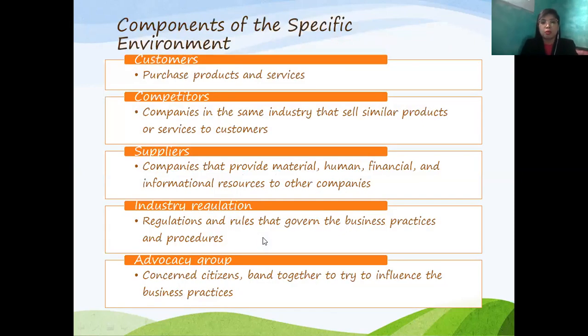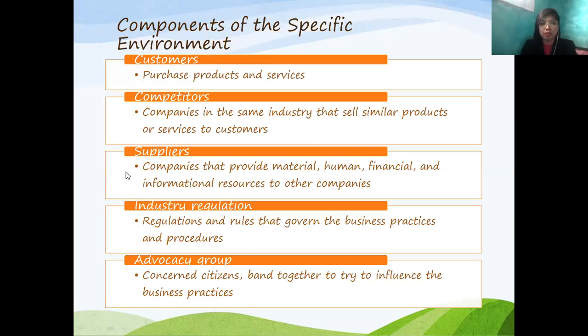And then for the components of the specific environment, we have the customers, competitors, suppliers, industry regulation, and the advocacy group. Customers are the ones who purchase the services. Competitors are the companies in the same industry that sell similar products or services to customers.